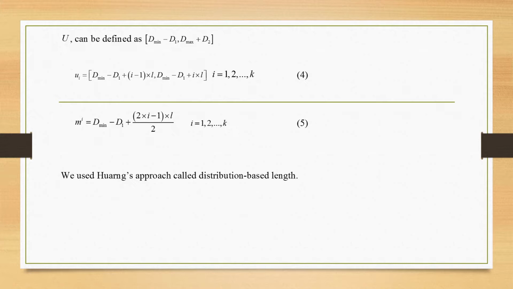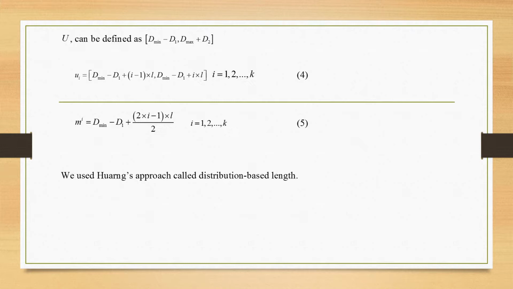The universe of discourse U can be defined as dmin minus d1, dmax plus d2, where d1 and d2 are two proper positive numbers. Suppose the length of interval is set to L, then U is separated into equal intervals and they are named from U1 to Uk, where k is the number of intervals.